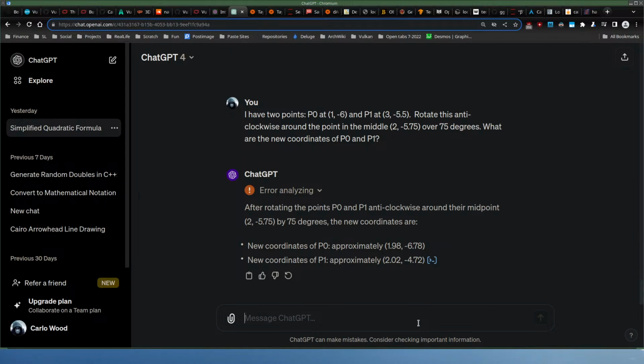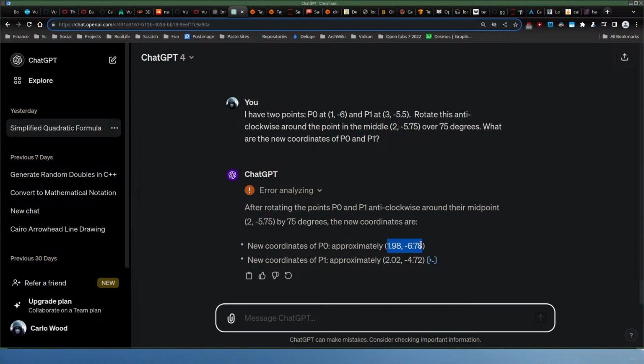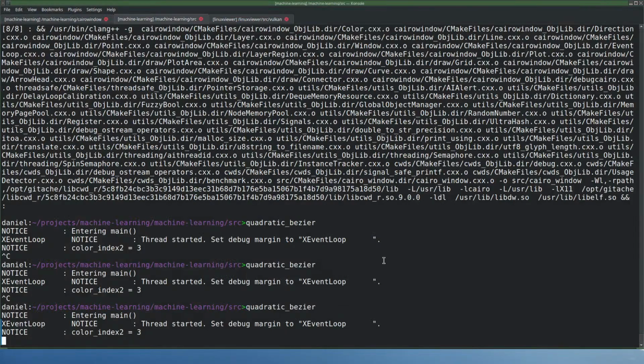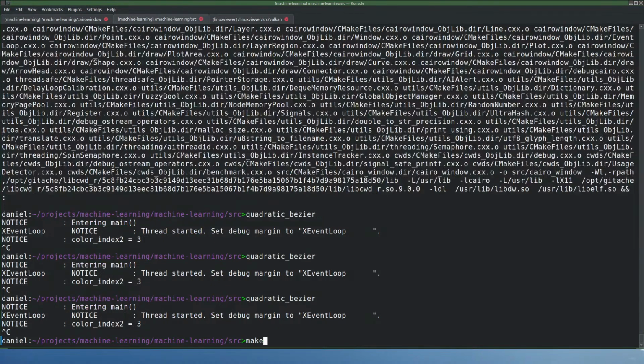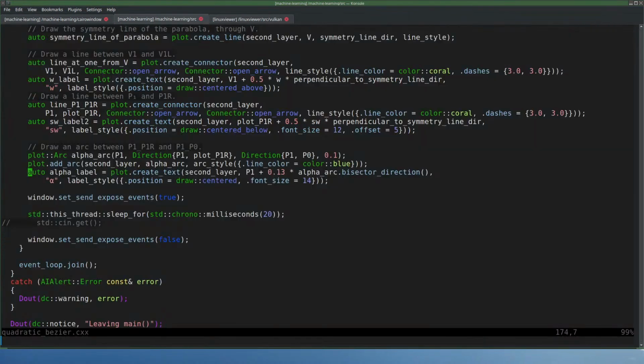So far, anyway. I'm just going to copy it, and then we will see if this is correct. I think it's correct. Must be correct. So we do lip.